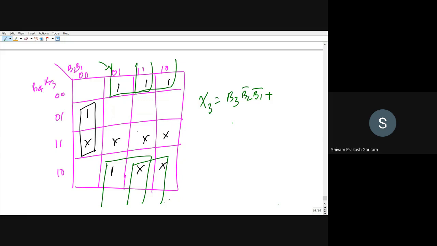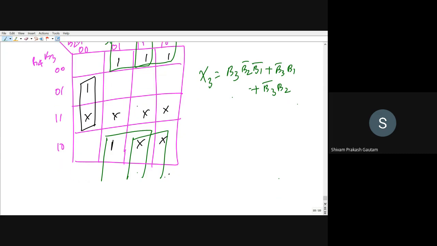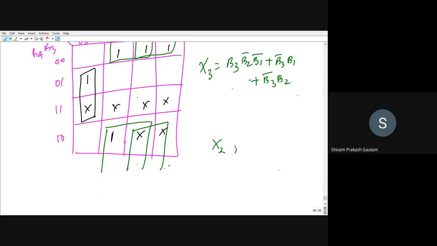So B3 bar into B1, plus for this quad, this will be B3 bar again, and we will be having B2. Just check it. Is it correct? Yes. Okay.